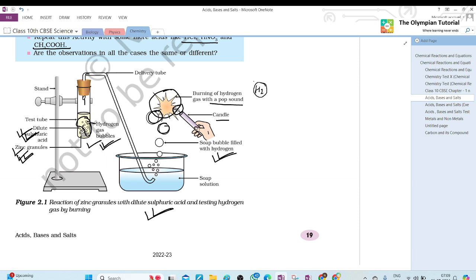How can we check that the evolved gas is hydrogen? Hydrogen burns with a pop sound. Burning of hydrogen gas with a pop sound is the test for hydrogen. Okay, ma'am.